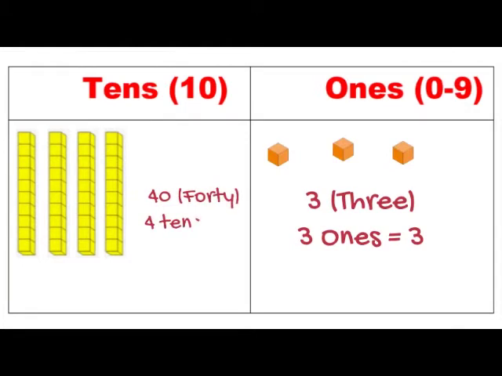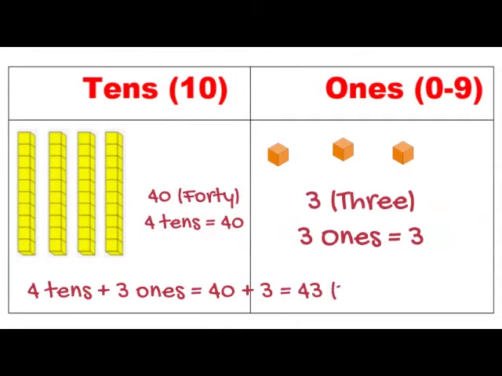Or 4 tens is equal to 40. And how do we write this? 4 tens plus 3 ones is equal to 40 plus 3 is equal to 43. Forty-three, 43 is the number name and 40 plus 3 is the expanded form of the number 43.